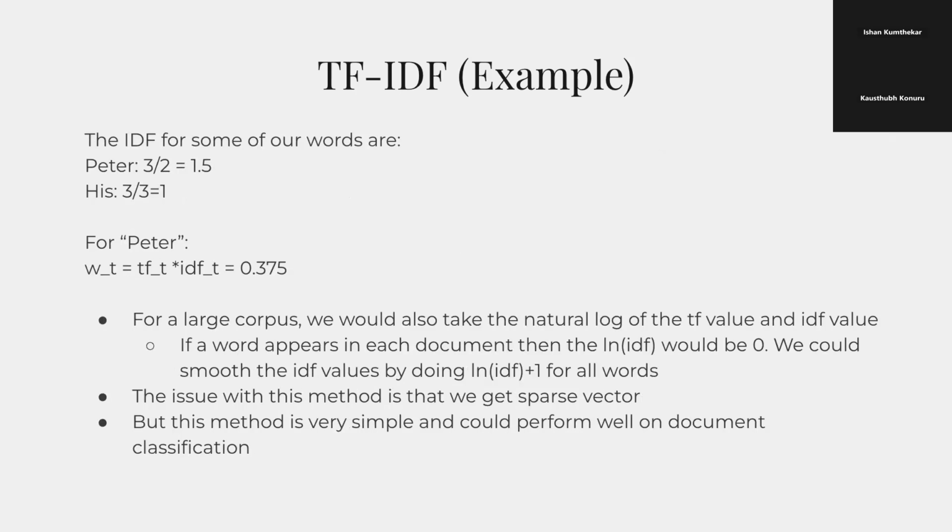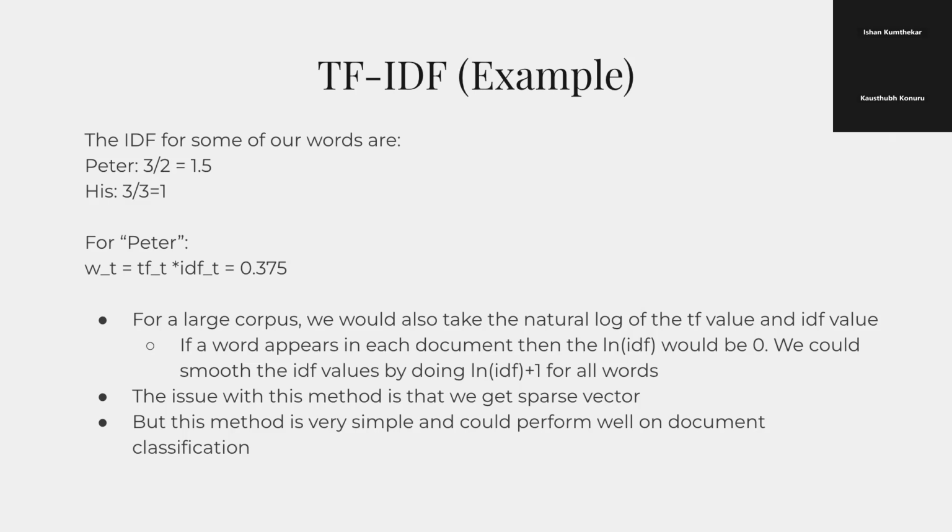And so, for example, the IDF for some of the words: Peter appears in only 2 of the 3 documents, so we get 1.5. But then the word his is more common in the corpus. We get that word 3 times in the total of 3 documents. So we get an IDF value of 1.